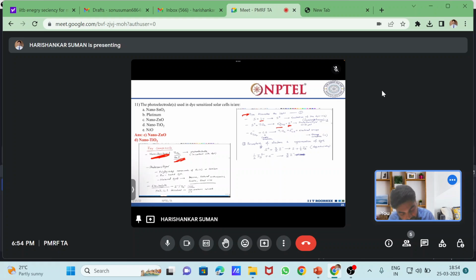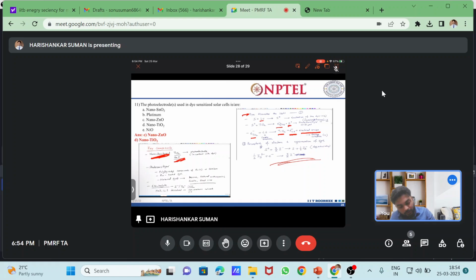Third step, the electron goes to the counter electrode and gives back to TiO2, producing electrical energy, and we capture the electron and regenerate the dye. These are the mechanism for DSSC.